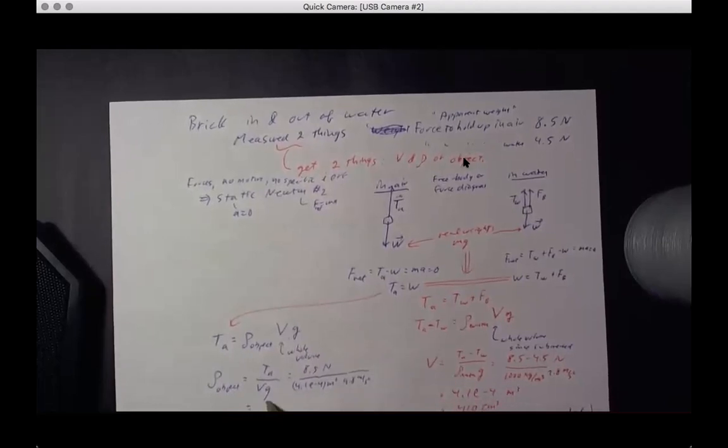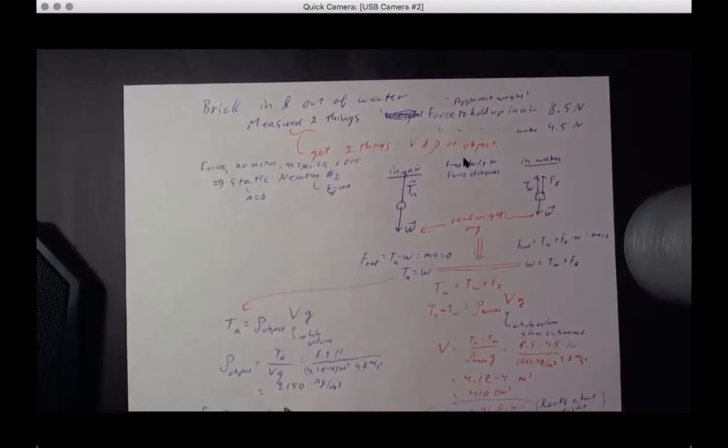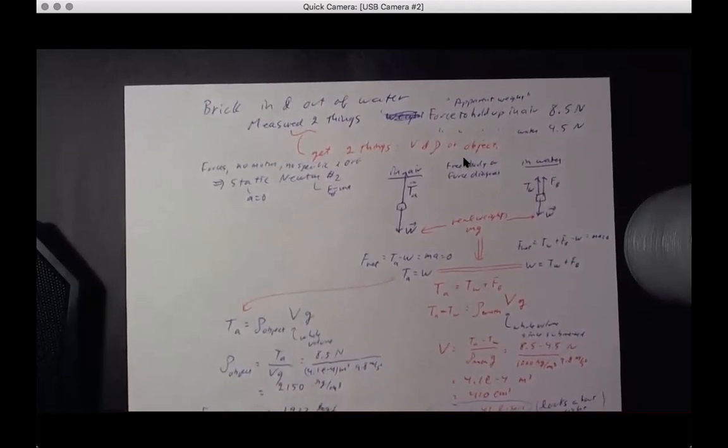Anyway, you get 2150 kilograms per meter cubed. And to compare, rho density of brick, I looked it up, is 1922 kilograms per meter cubed.